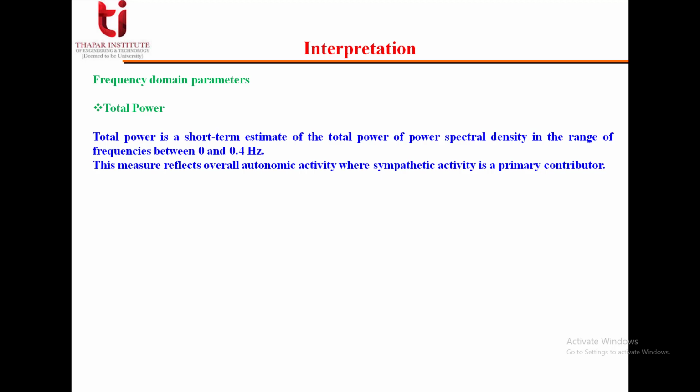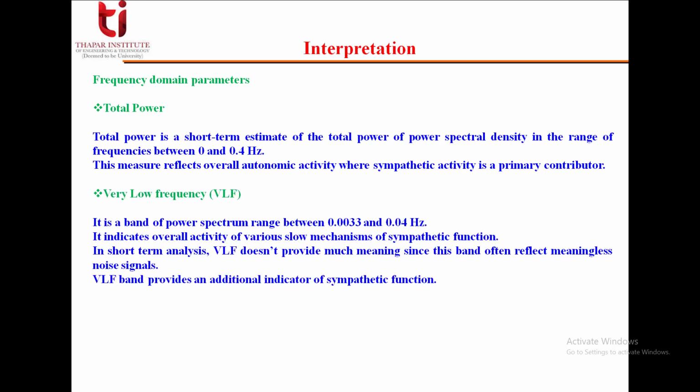This measure reflects overall autonomic activity, where sympathetic activity is a primary contributor. Then we have power in the very low frequency band, a band of the power spectrum ranging between 0.003 to 0.04 Hz.